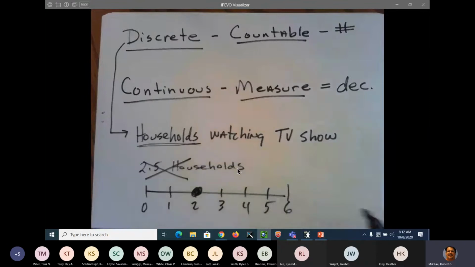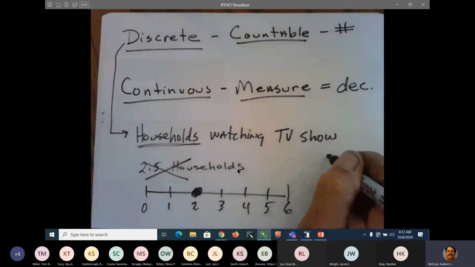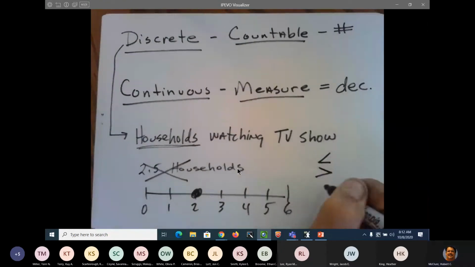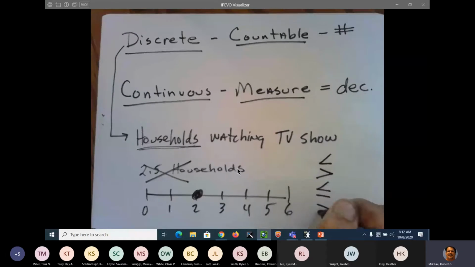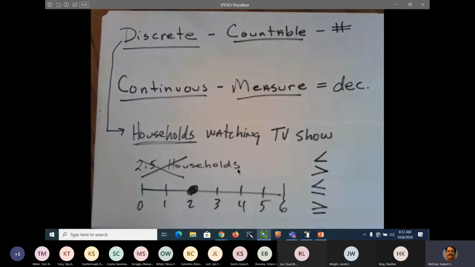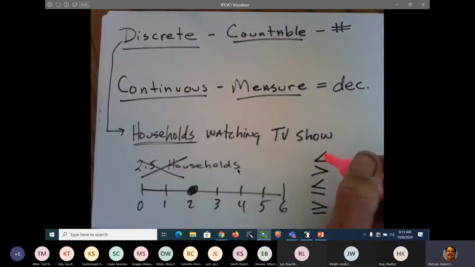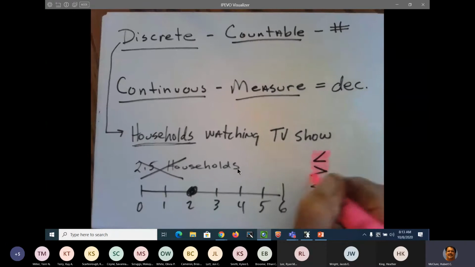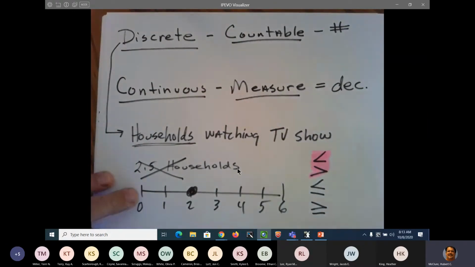Now this is where we get into the inequalities. You need to remember the inequalities. What can you tell me is the difference between those 2 inequalities and these 2 inequalities?